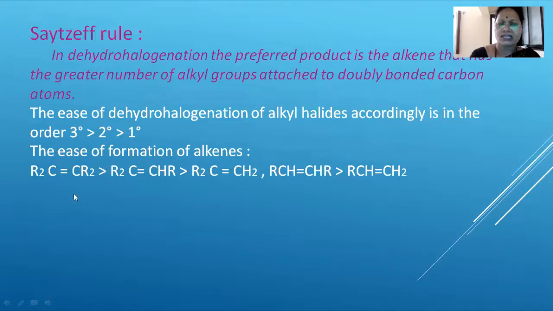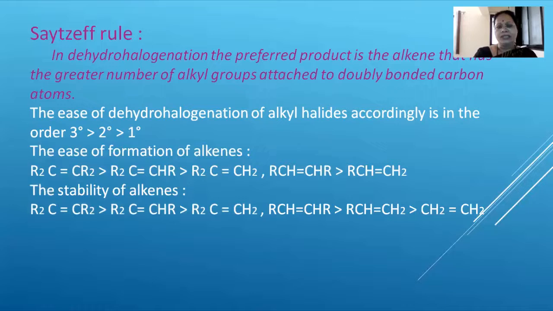This one is tetra-substituted, then tri-substituted, di-substituted in these two isomeric forms, and this one is mono-substituted. Okay, so this is the order of formation of alkenes. More substituted alkene will be the major product. Now the stability of alkenes is again the same as above. More substituted alkene is more stable.